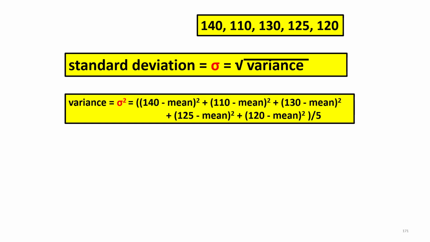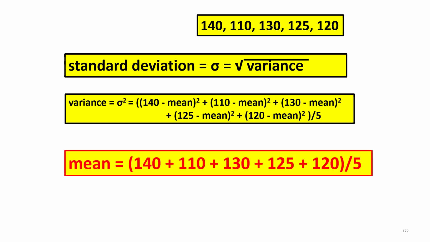The variance, sigma squared, is defined as the average of the squared differences from the mean. Now, that sounds complicated, but it's not. Calculating the mean is simple. Just add the 5 values and divide by 5.